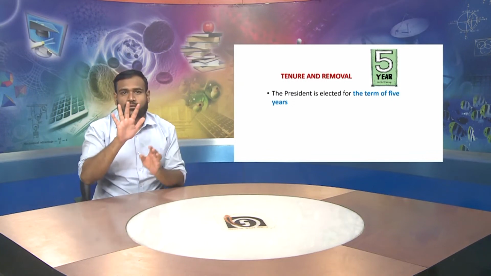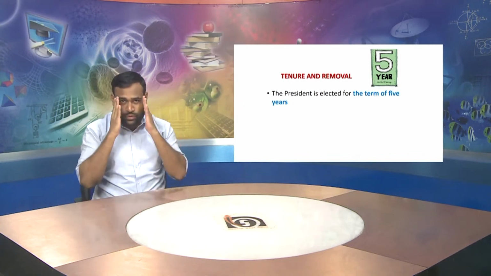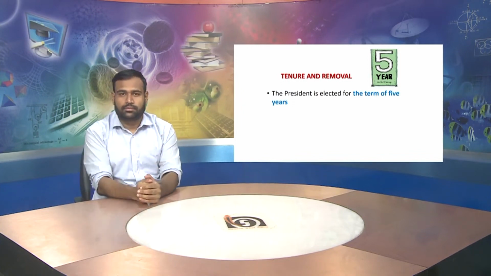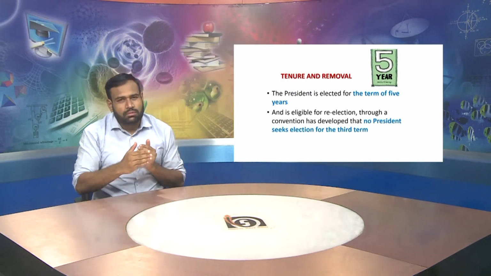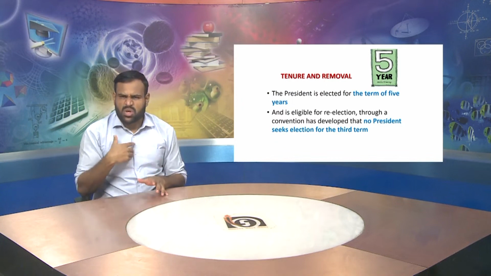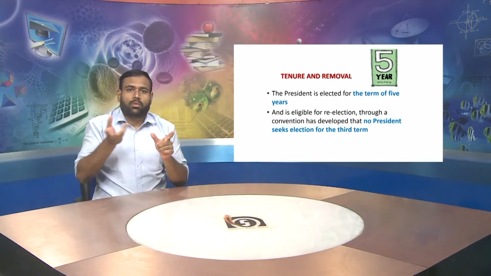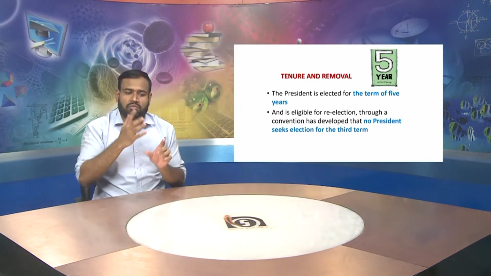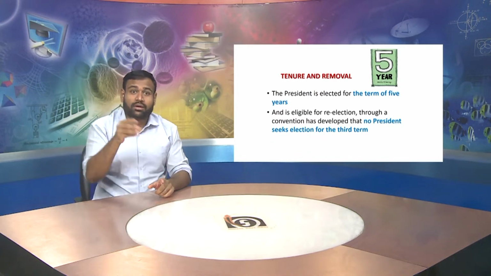The president is elected for the term of 5 years. And the president is eligible for re-election, through a convention which has developed that no president seeks election for the 3rd term.